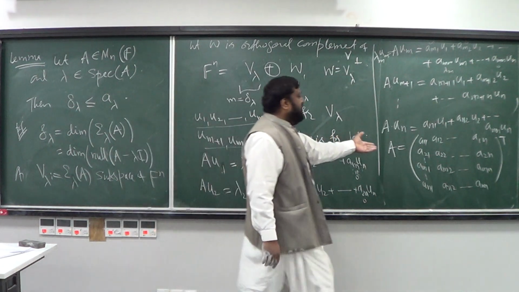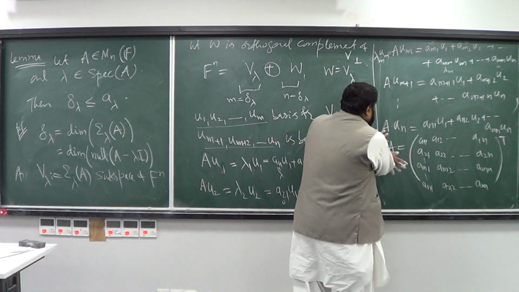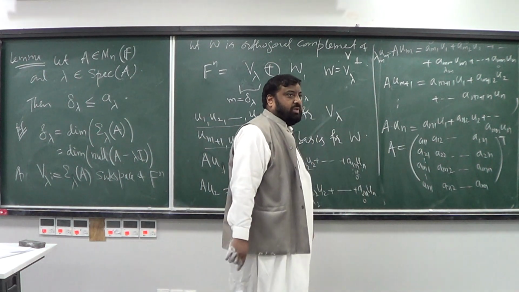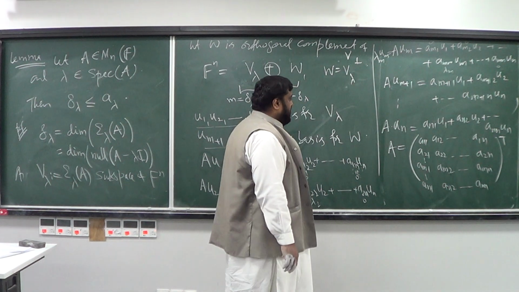In other words, you can put these vectors in columns, it doesn't matter. So this transpose must be equal to A, keeping in view this description of matrix A.